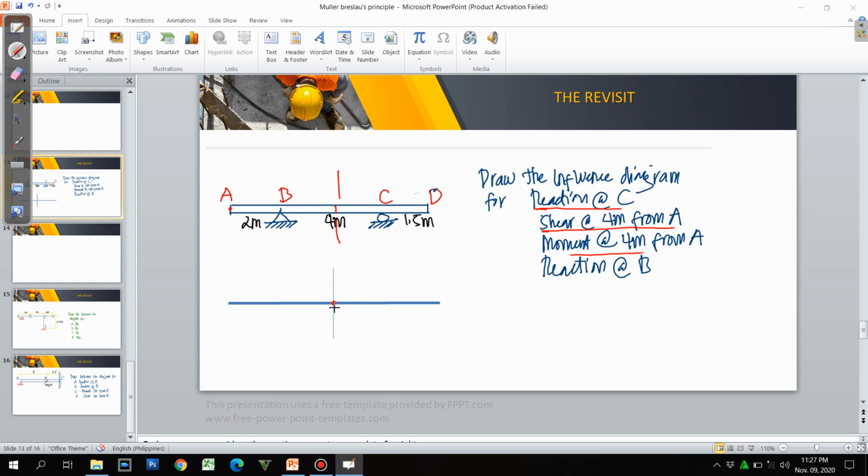So we place here the hinge and push it upwards, and of course, that will tend to move upwards by a certain delta.